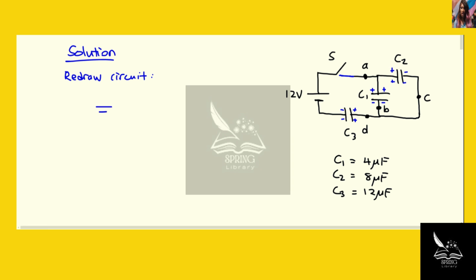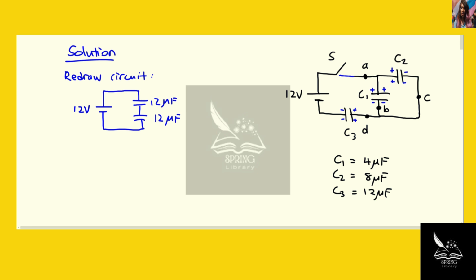C1 and C2 are in parallel, so for capacitors in parallel, we just need to add up their capacitances. C1 and C2 add up to 12 microfarad, and then it is in series with C3, 12 microfarad. This is what we get.